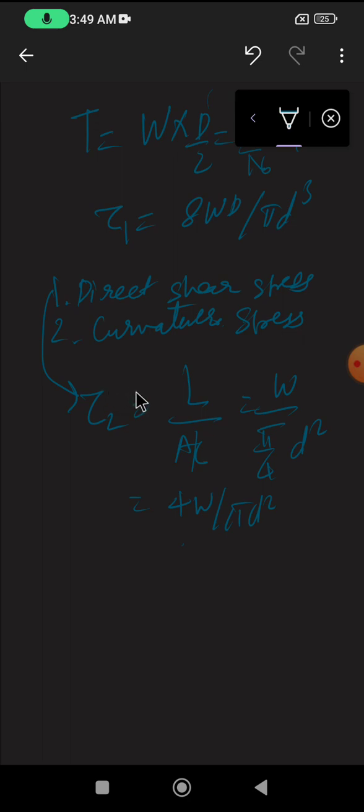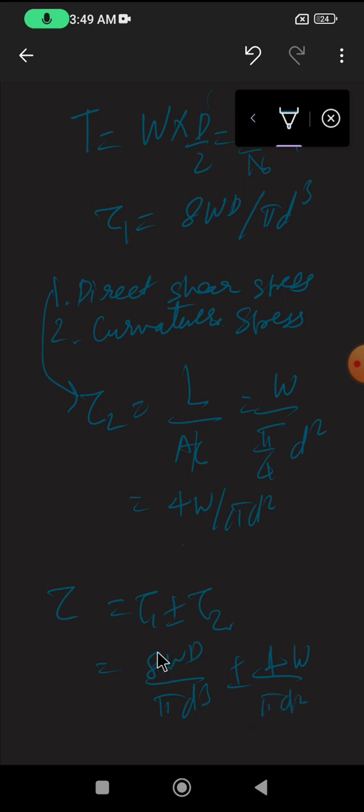So the resultant shear stress will be tau is equal to tau 1 plus or minus tau 2, which equals 8WD divided by pi d cube plus or minus 4W divided by pi d square.